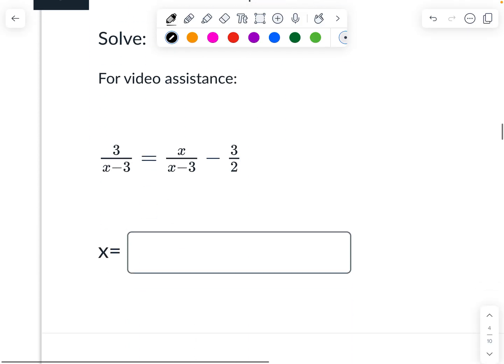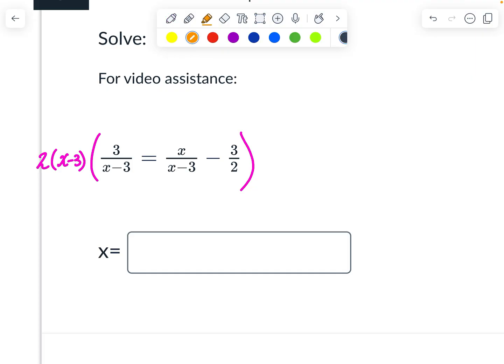Oh, one more. So, parentheses around the whole thing. This time our common denominator has to have the 2 in it, and it has to have the x minus 3. So in other words, x minus 3 is part of the denominator, and so is 2. So they both have to be part of the common denominator. Okay, so then when we go to do our multiplication, this gets struck out, and I would have a 2.